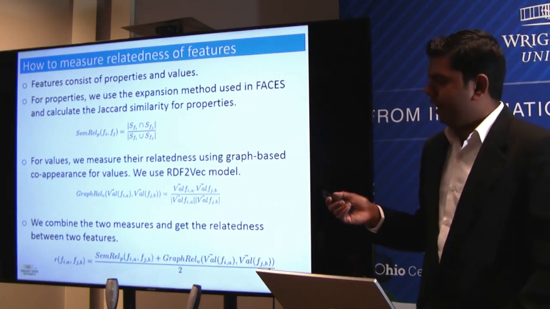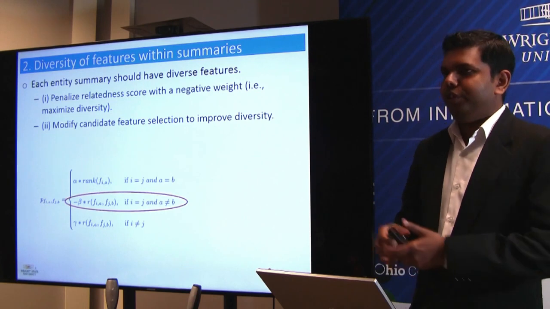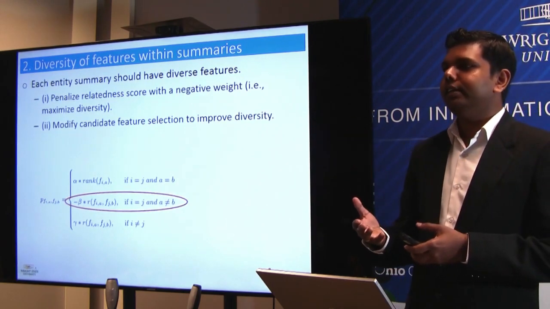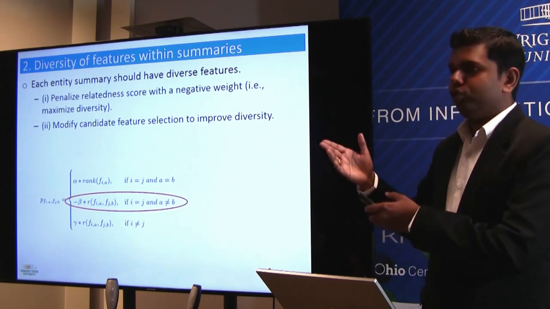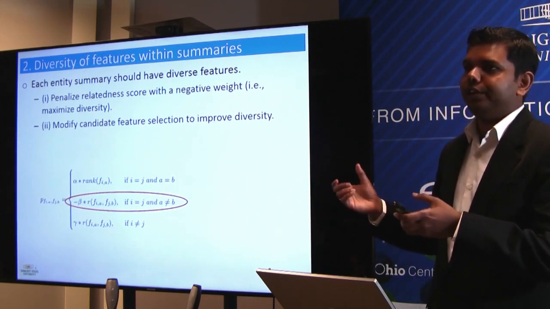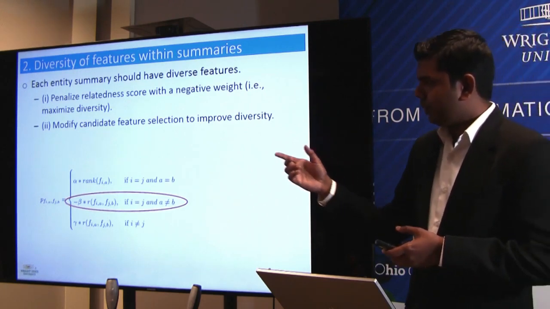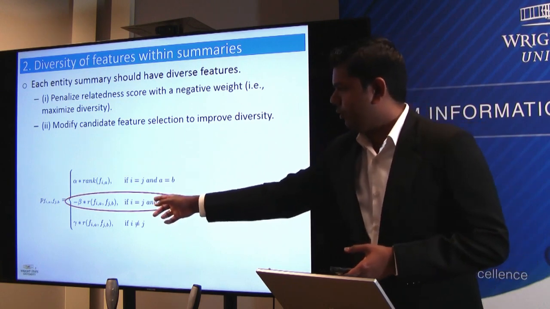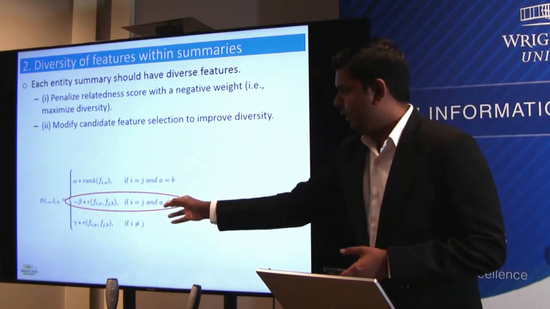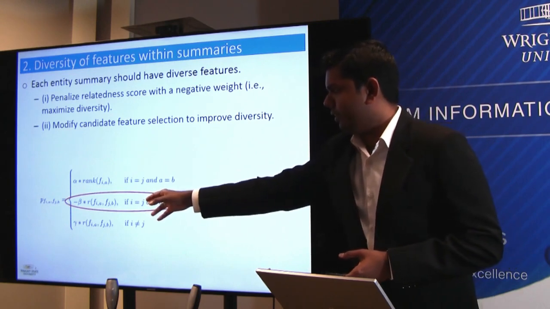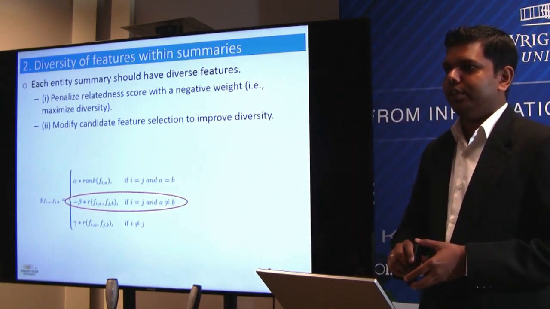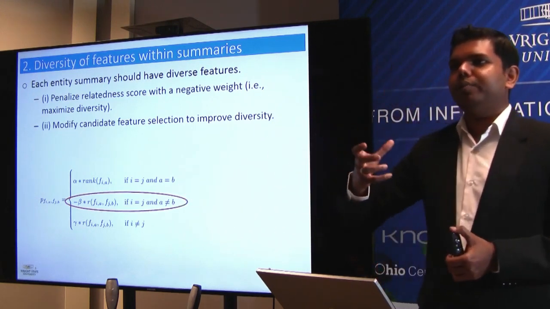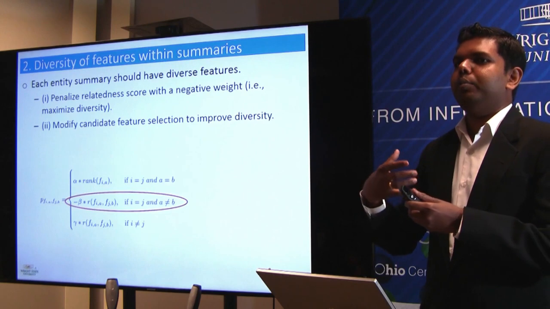So this is how we do the relatedness, and then we use this relatedness first to ensure the diversity in each entity summary, and also the next part is relatedness between entity summaries. If features are coming from the same entity and they are different, only this computation applies. That means if the features for which we compute the profit come from the same entity, we want them to be different.